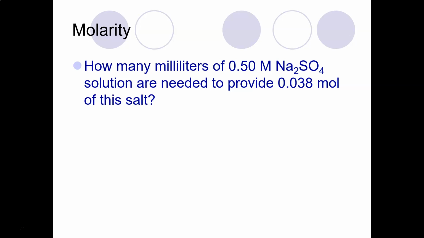Okay, so I guess this time I will still do it both ways. Molarity is equal to moles of sodium sulfate over liters of solution. So the question asks how many milliliters of 0.50 molarity sodium sulfate are needed to provide 0.038 moles of this salt. Salt just means an ionic compound.